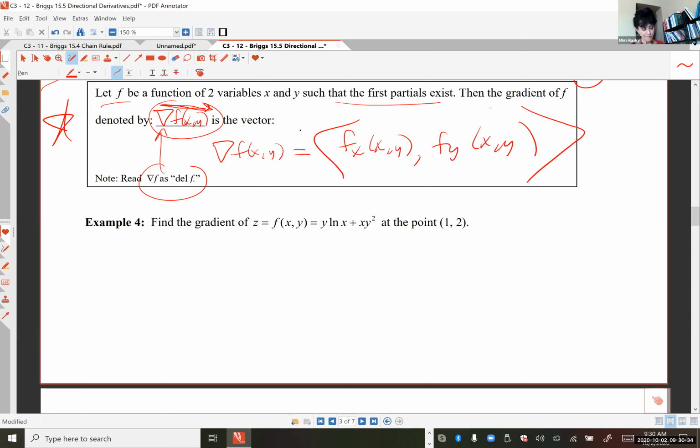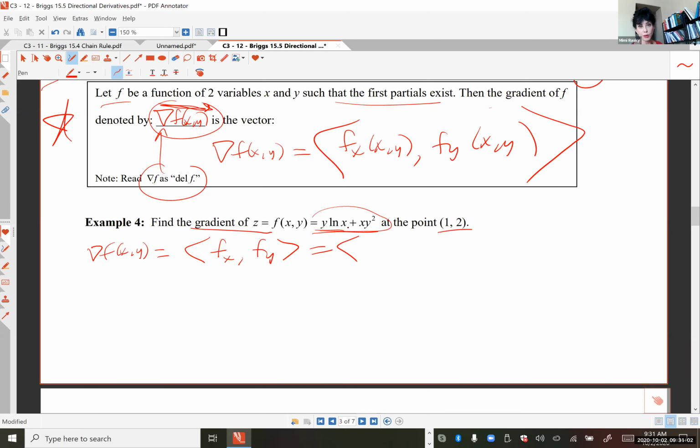Okay. So let's find the gradient of z equals f(x, y), which is given by y times ln x plus x y squared, at the point (1, 2). Fine. So del f is your gradient, so it's going to be this vector. Let's get these partials on the fly. Now that you know how to find partials, you should be experts. What is the first partial of this function with respect to x?